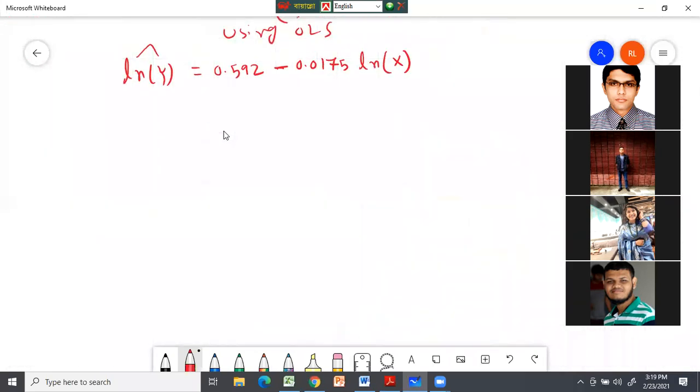As I told you, once you have estimated the values of B1 and B2, how can you actually explain them?